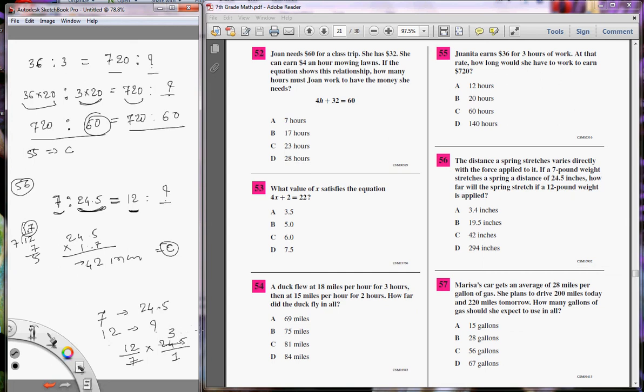I don't have a calculator, but 12 divided by 7 is around 1.7, and multiplied by 24.5, that is around 42 inches. So the answer to question number 56 will be C. Let me clean this board here.